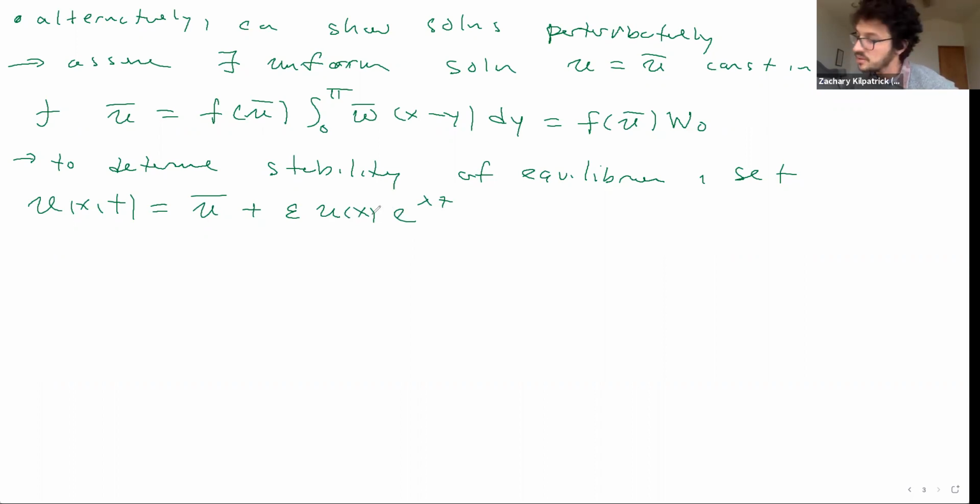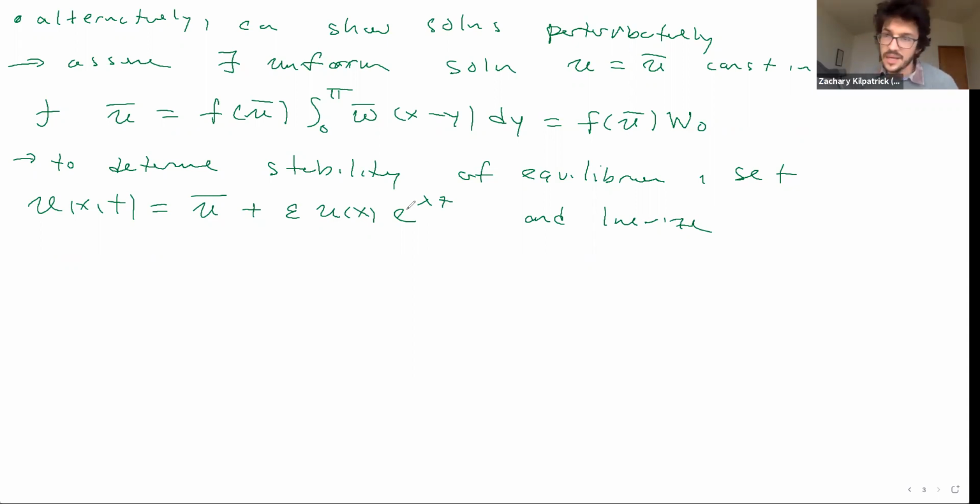It's a separable function of x and t in this case, okay? And we'll linearize. And then you're going to get an equation that describes the evolution of modes that look like this, and which ones are the most unstable. The ones that are the most unstable are going to have large positive real parts of their eigenvalues, okay?